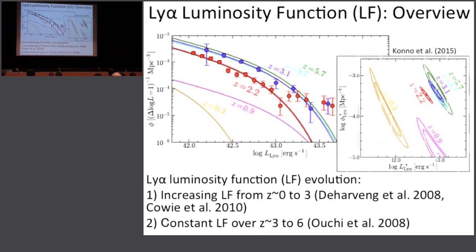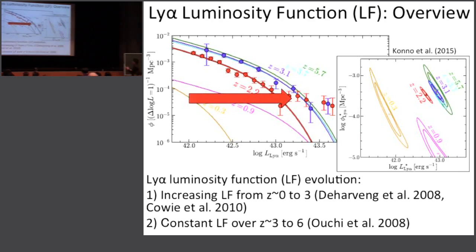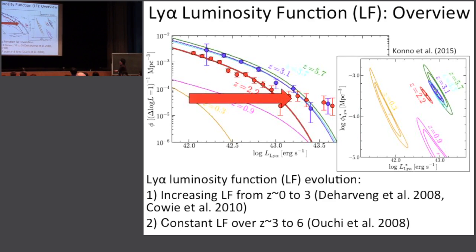These are the best-fit Schechter parameter error contours, with phi star here and L star here. Redshift 0.3 is shown with the yellow line, and 0.9, 2.2 up to 5.7. The very interesting thing is that from redshift 0.3 to redshift 3, there's very strong evolution.